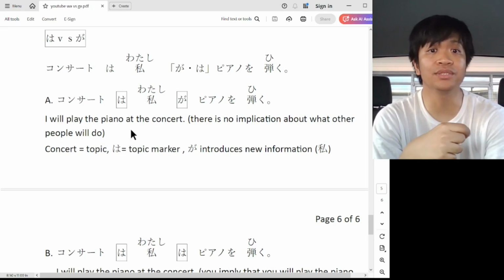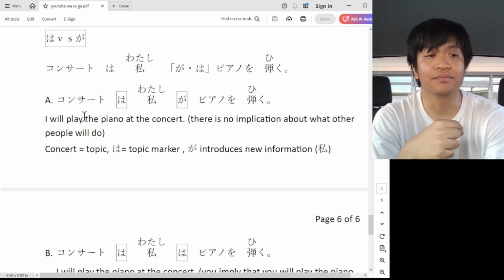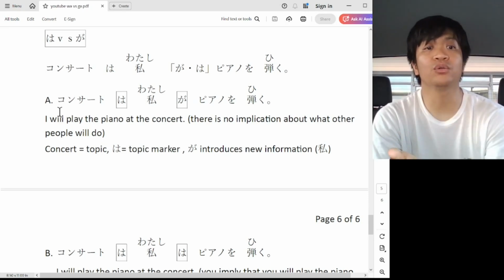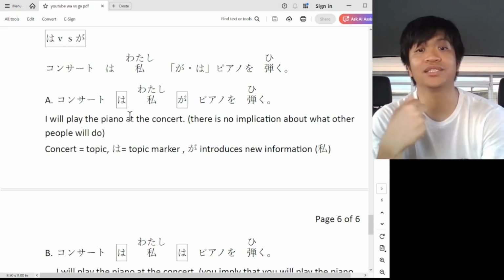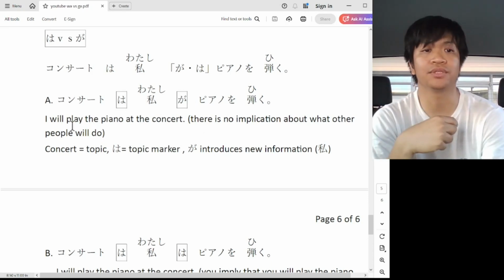You can use が here. It's possible to use が。コンサートは私がピアノを弾く。Here, I will play the piano at the concert.